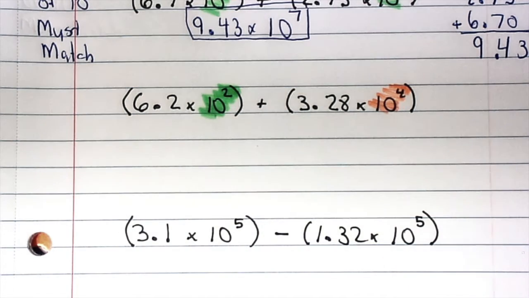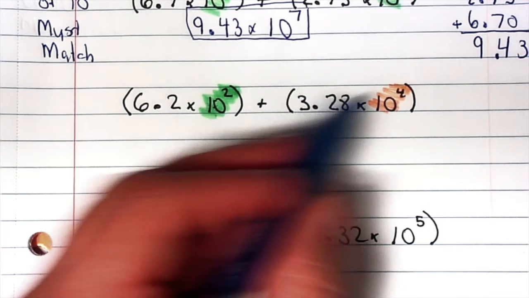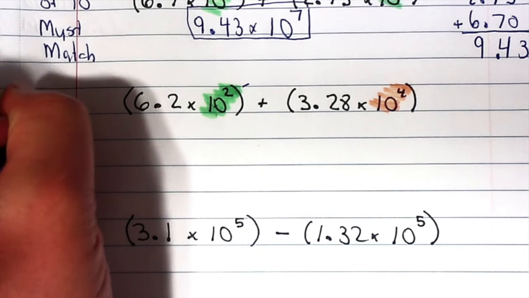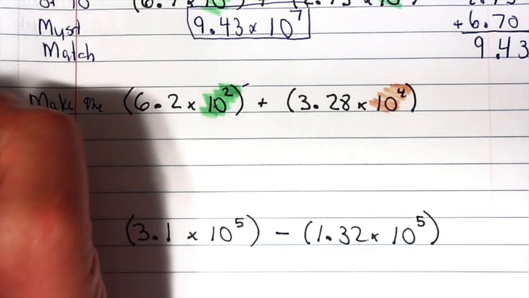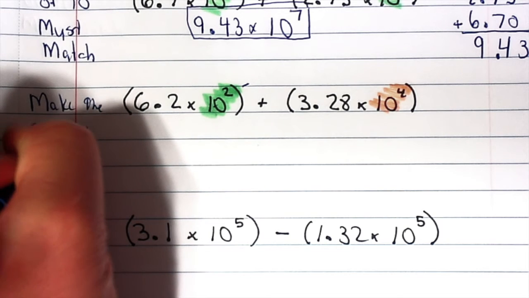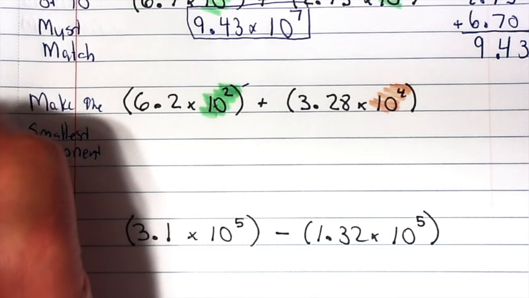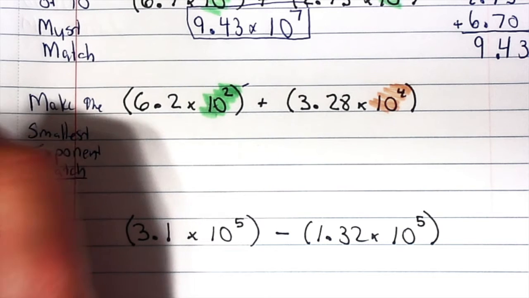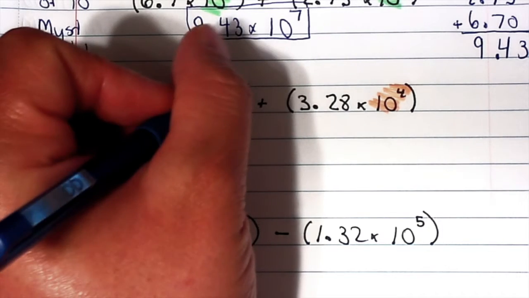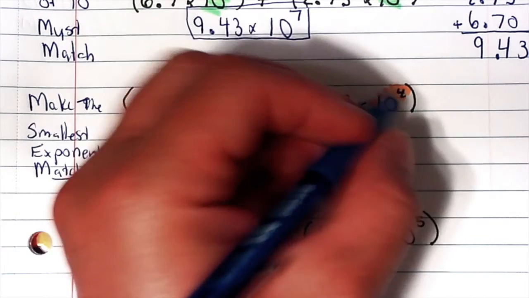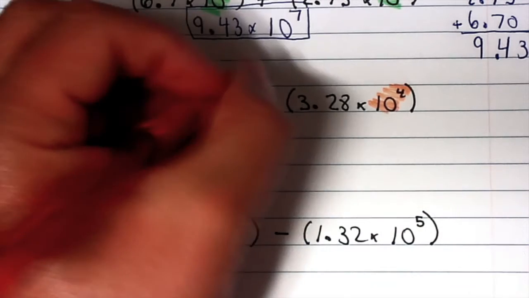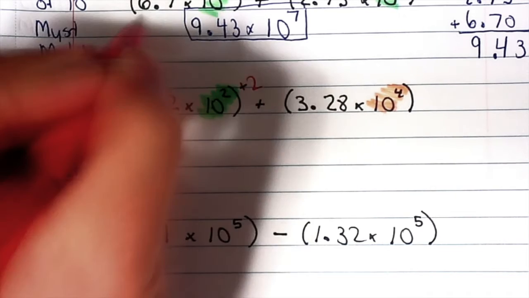So what I'm going to do is make this 10 to the 2nd into 10 to the 4th, because I want to make the smallest of the exponents match. So since this is 2, I'm going to turn it into 4 by adding 2.